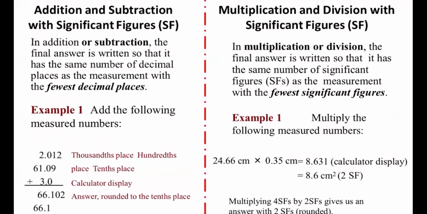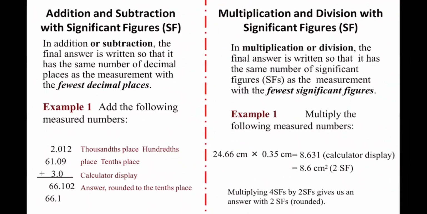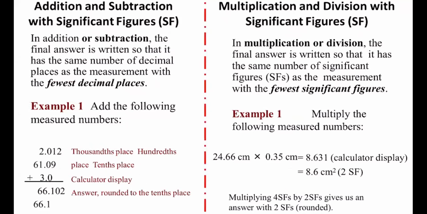So when it comes to addition and subtraction, when it comes to sig figs, if you're adding or subtracting, you can see that the final answer is written so it has the same number of decimal places. I cannot stress that enough. Decimal places as the measurement with the fewest decimal places. So you can see here that we have 3 different measurements.